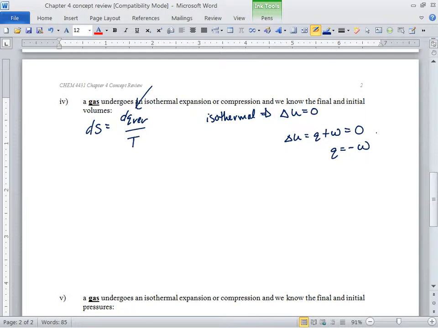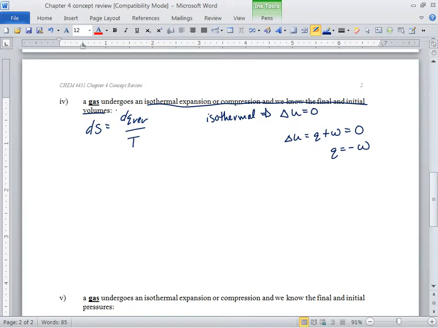Right? So what we need to do is, does this ring a bell? Isothermal expansion. You know the initial and final volumes. Negative W equals nRT ln V. Yeah. That's right. Did you remember this?